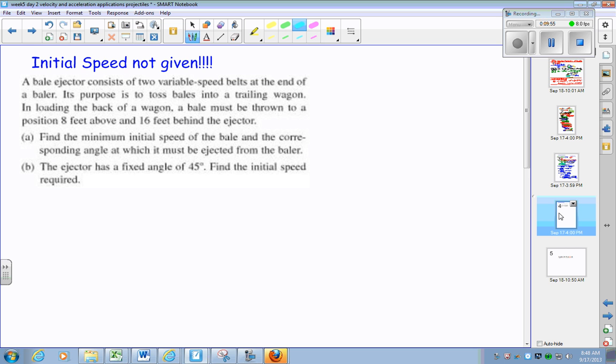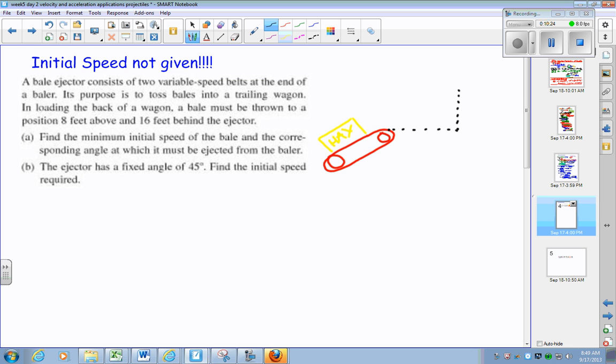So I got, and this is going to be a sweet picture, I got a conveyor belt, okay? And a thing of hay. I'll spell hay so you know exactly what it is, okay? And I need to put it over on a truck.